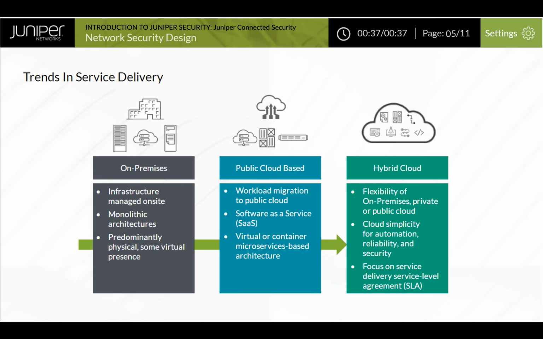If you consider the security of that public cloud application service, you can take the security services from the public cloud organization, that will be software as a service, or you can take it as a platform as a service. And the hybrid cloud is the combination of on premises and public cloud based.